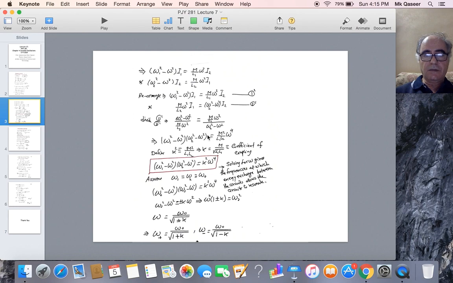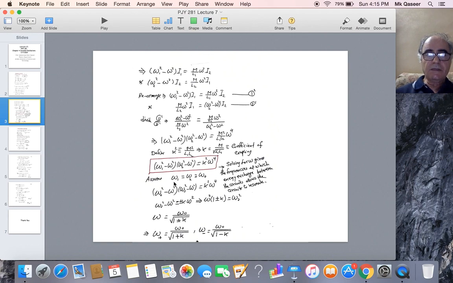In this case, this equation can be written as omega 1 squared minus omega squared times omega 2 squared minus omega squared equals K squared omega to the power 4. Now solving this equation for omega gives the frequencies at which energy is exchanged between the two oscillators.